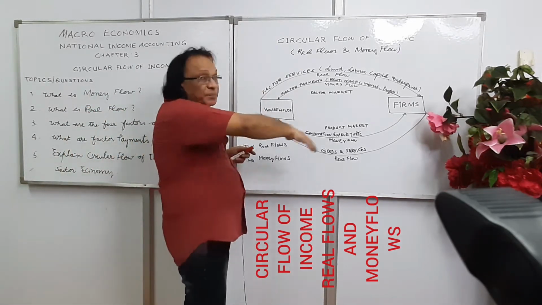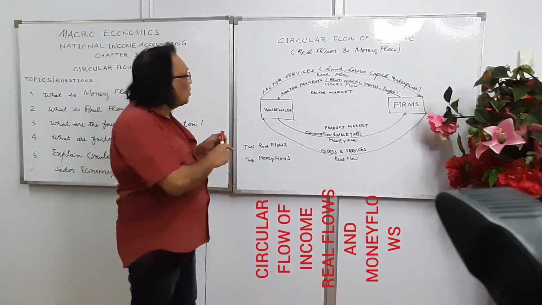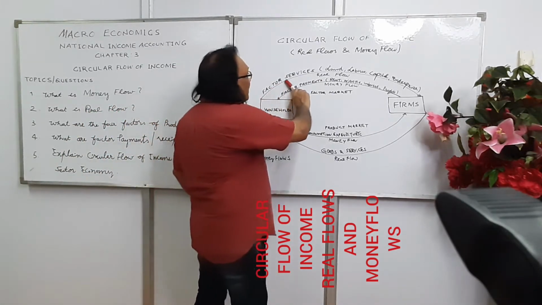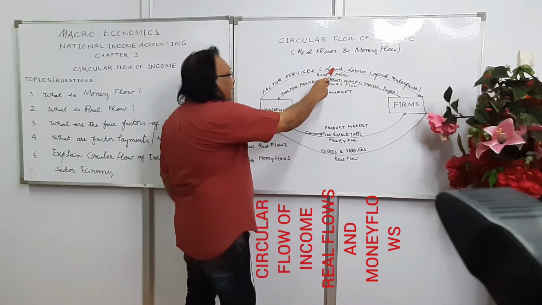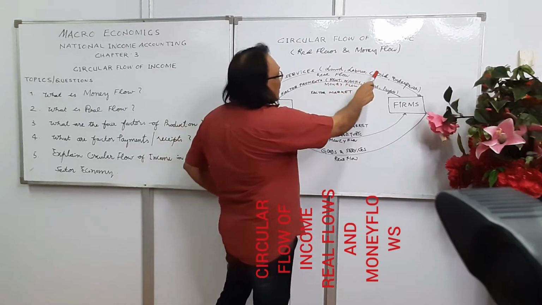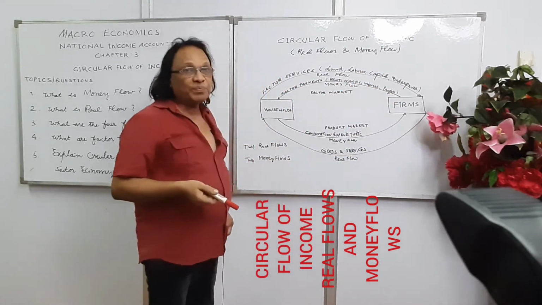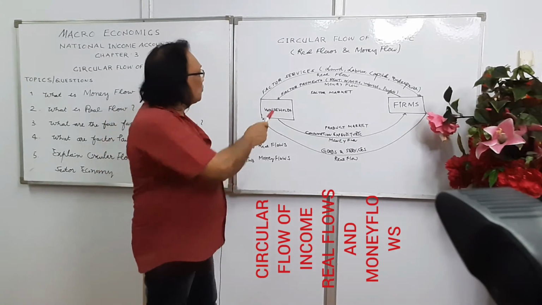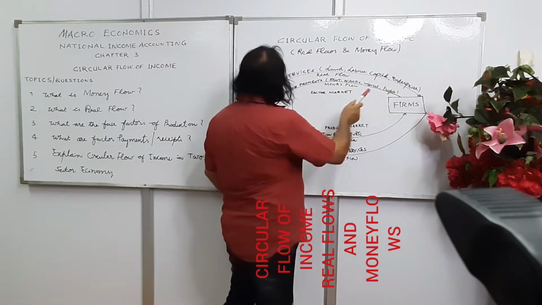Let's start how the real flow and money flow is taking place in the economy. Households provide their factor services to the firms in terms of land, labor, capital, and entrepreneurship. Households own land, labor, capital, enterprise.